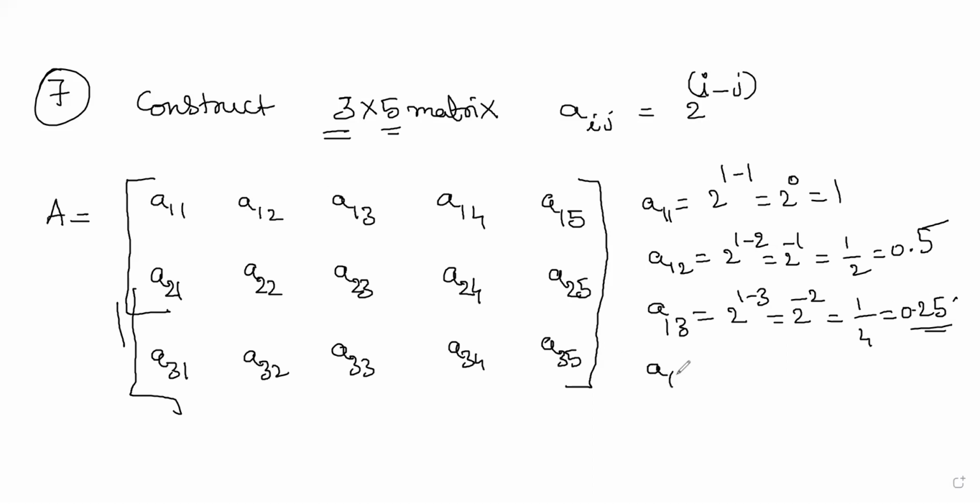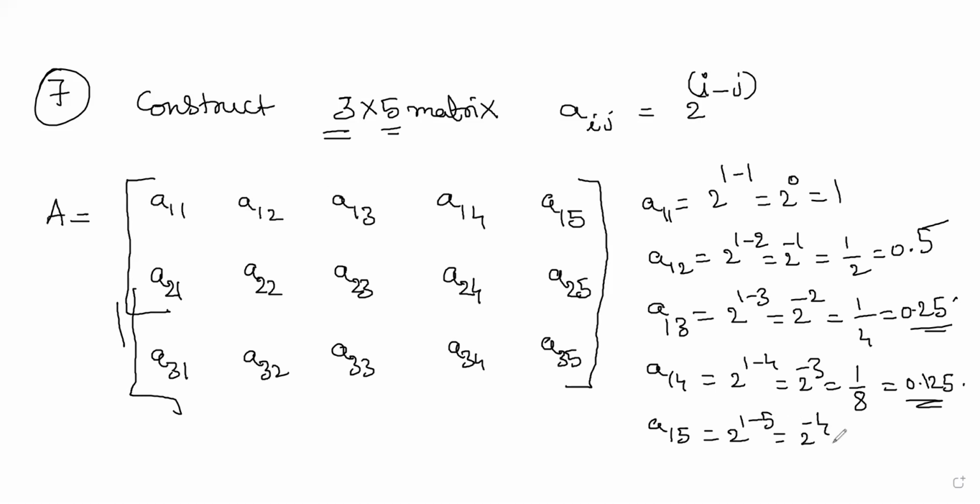Similarly, A14 is 2 to the power of 1 minus 4, that is 2 to the power of minus 3, which is 1 by 8, that is 0.125. So like this, A15 is 2 to the power of 1 minus 5, so 2 to the power of minus 4, that is 1 by 16. You do that further.